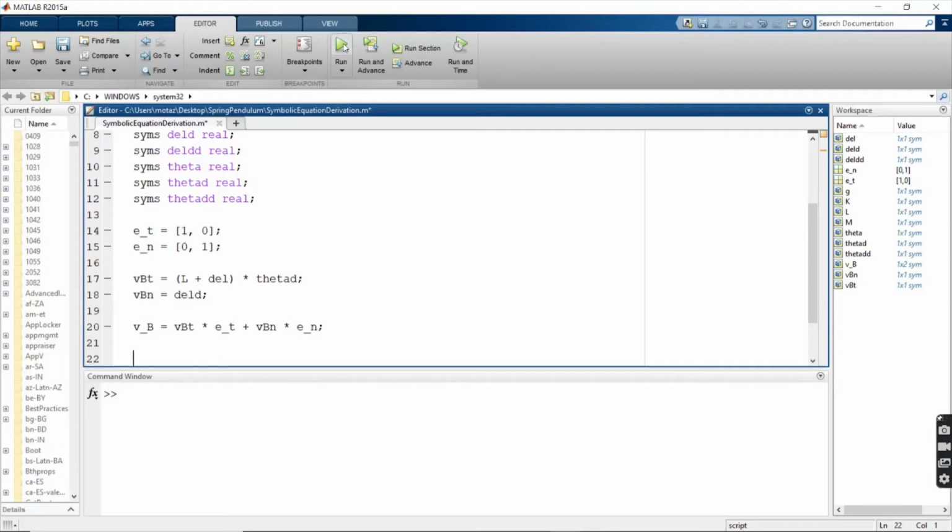So it's the capital T equals 0.5 times mass times the dot product. Dot's a built-in function of Matlab, of VB comma V underscore B, and we'll run that and see what we get.